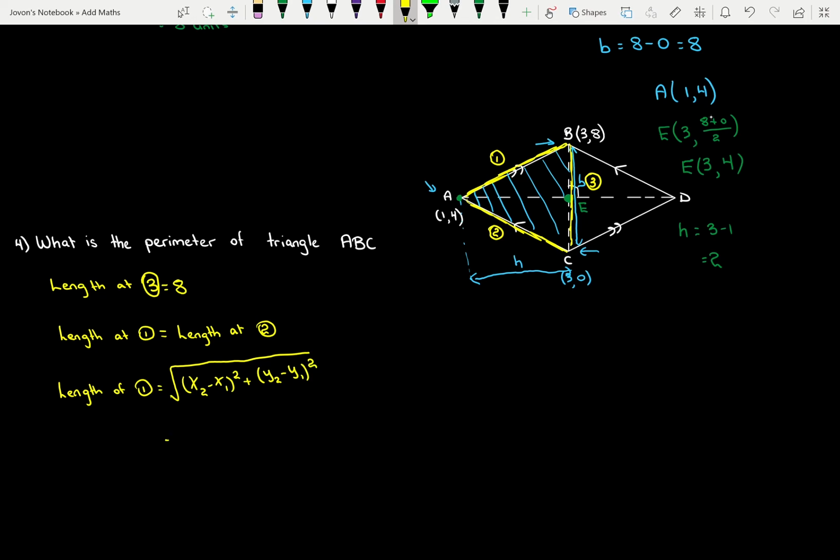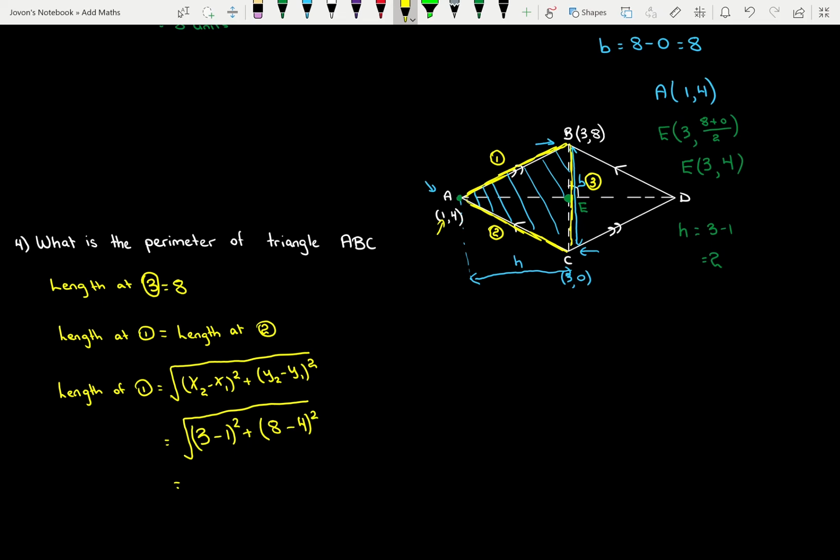This is equal to the square root of x2, which is 3, minus x1, which is 1, all squared, plus y2, which is 8, minus y1, which is 4, all squared.